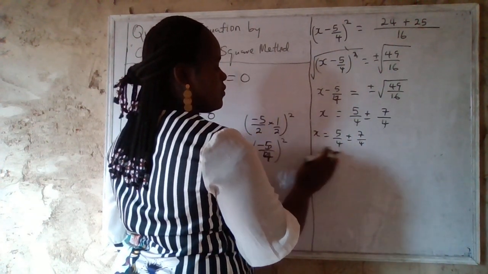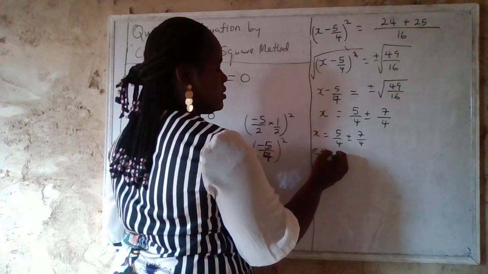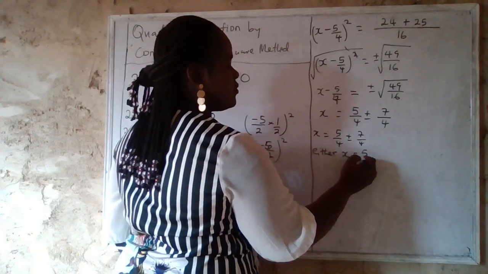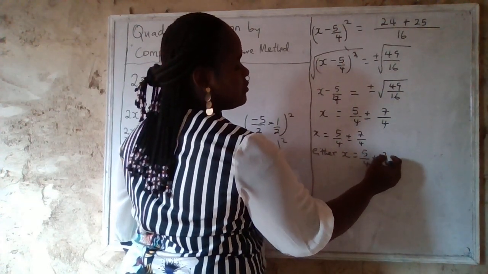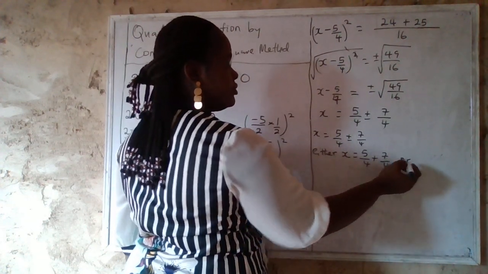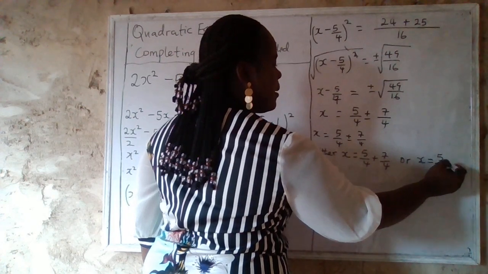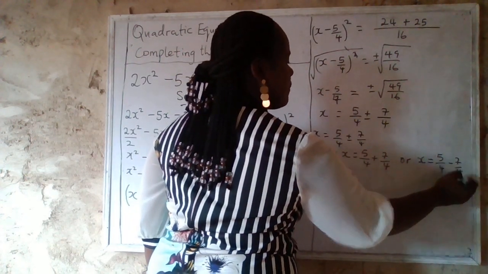Now to solve this, we can say either x is equal to 5 over 4 plus 7 over 4, or x is equal to 5 over 4 minus 7 over 4.